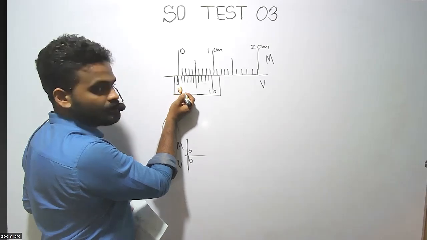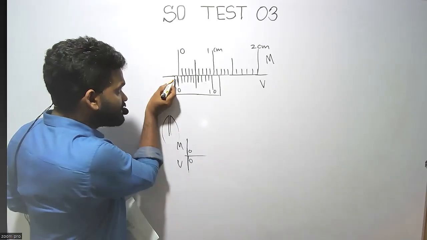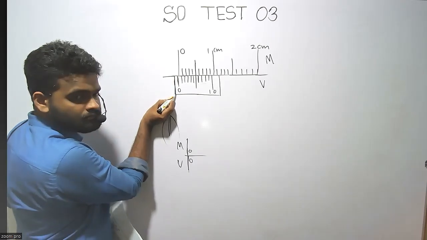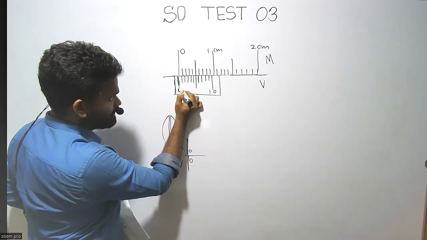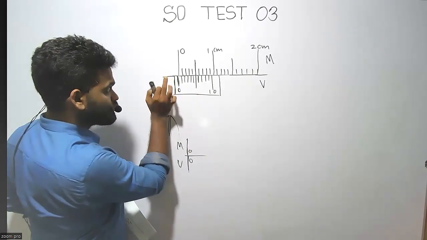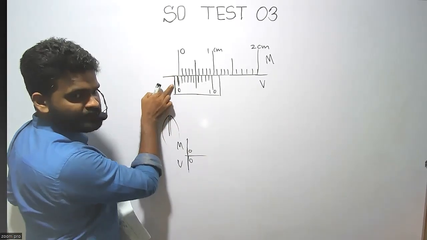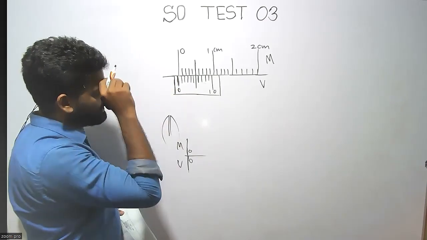Here as well, you need to figure out the 0 carefully. This is not 0. This is 0, the 0 mark of the vernier scale. Understood? So just ignore this line. You don't need that line. What you need is this one. Right.